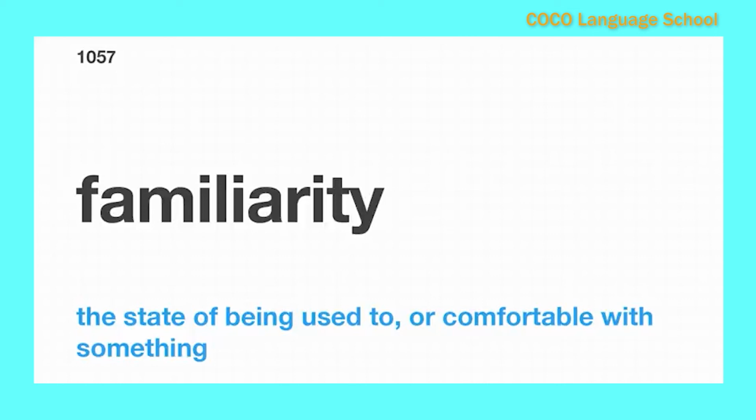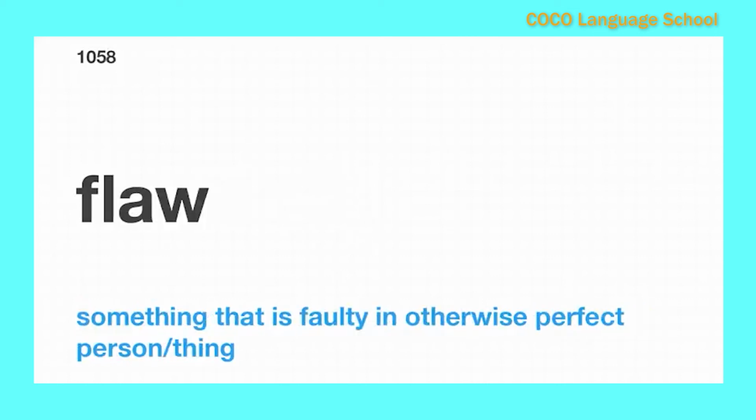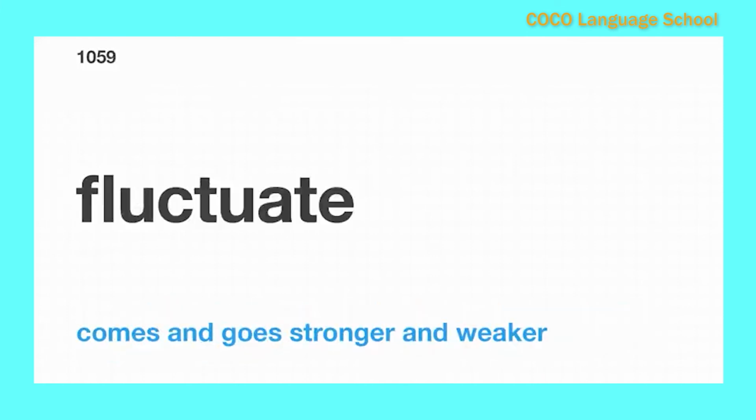Familiarity. Something that is faulty in otherwise perfect person or thing. Flaw. Comes and goes stronger and weaker. Fluctuate.